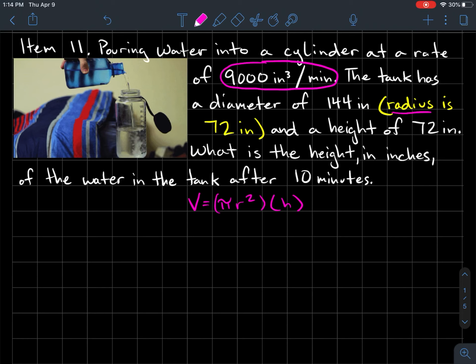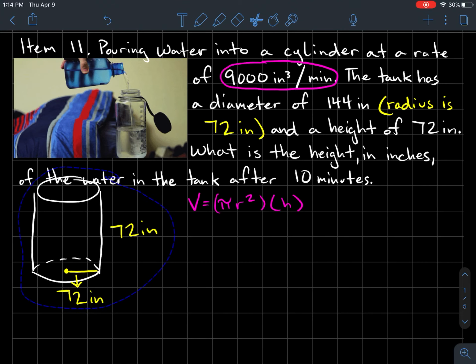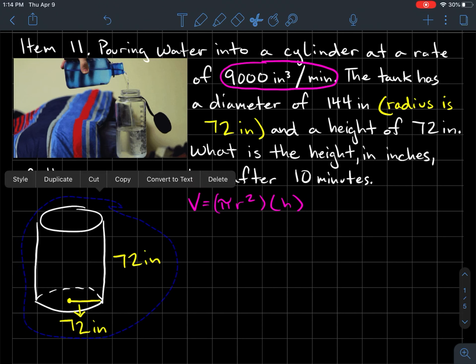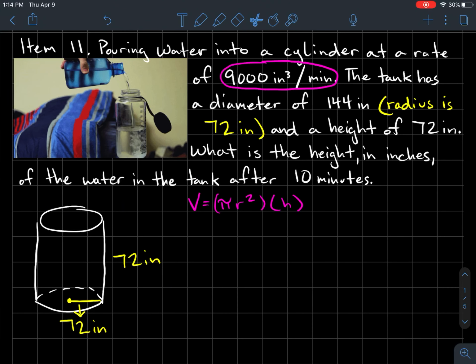And it has a height of 72 inches. So we have a cylinder that looks like this. In yellow, you have the height of 72 inches. It's 72 inches tall. And then you have the radius of 72 inches as well.